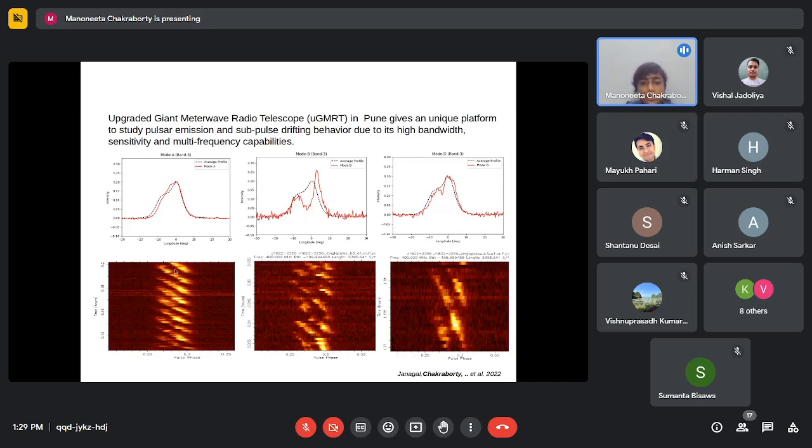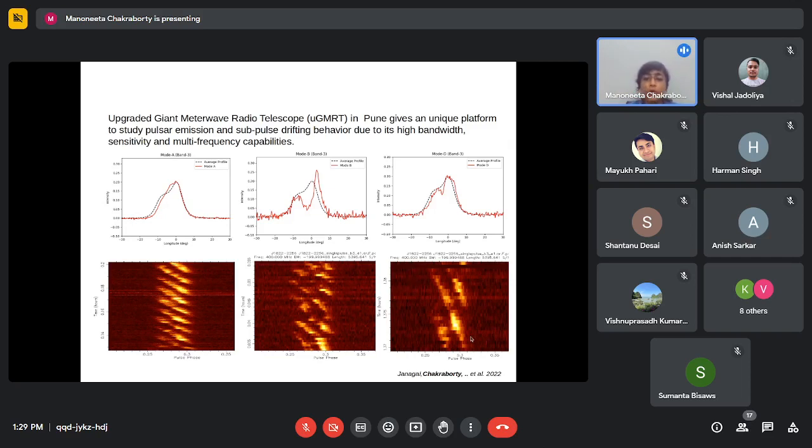Then after, let's say, 20-30 seconds, it changed and started showing a pattern like this. Here you can see the pattern has changed very much from this one, where this is not as consistently bright, or these are more broken patches, and the slope with which the pulses drift in phase has also changed. Correspondingly the pulse profile has also changed, and a few tens of seconds later, it changes to another mode.